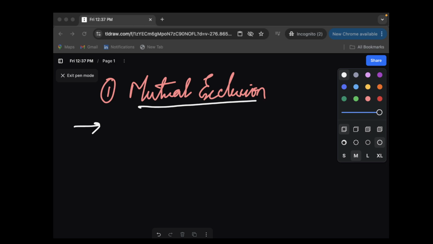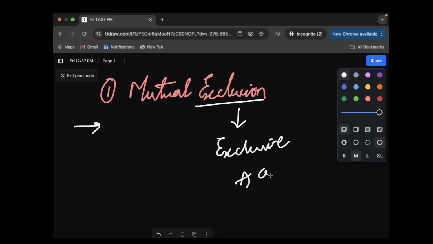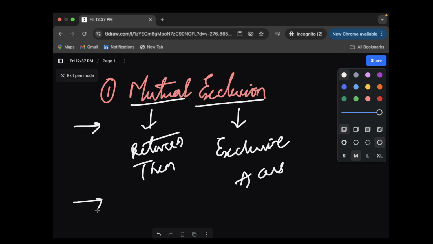Exclusion means an exclusive access, and mutual is basically a contract between them. So mutual exclusion means only one thread can access the critical section.